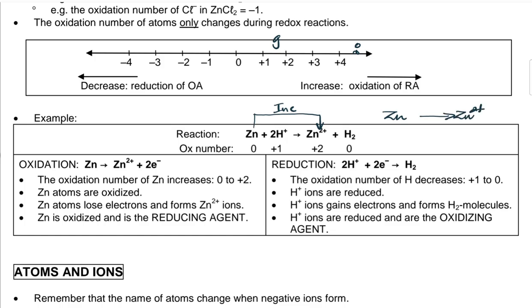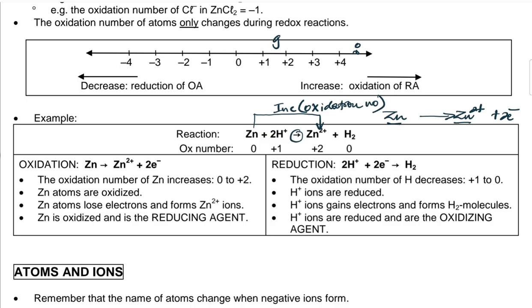So now Zn to Zn2 plus simply means I'm losing 2 electrons. You look at this arrow there, Zn to Zn2 plus. So now it's an increase in oxidation number. It's an increase in oxidation number, but in terms of electrons, it is a loss of electrons.